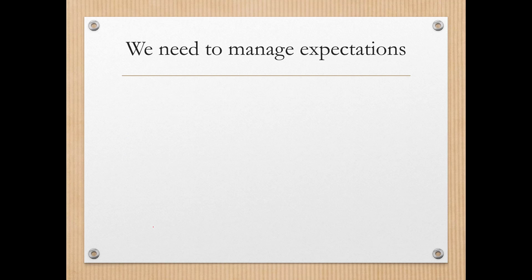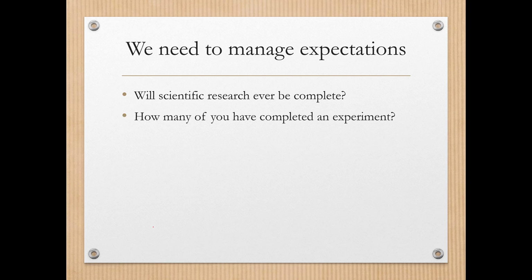We need to manage expectations. So we also have an opportunity to ask the question, will scientific research ever be complete? Many of you have completed an experiment in your lives already, and you will know that as a result of completing that experiment, the work's not actually done.